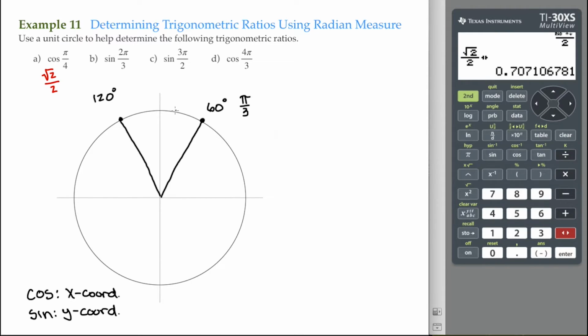Pi over 3, double it, 2 pi over 3. And of course, this makes a special right triangle, a 30, 60, 90 special right triangle. This is sine, so we're concerned with the vertical value, the y-coordinate. And remembering our special right triangles, this is the square root of 3 over 2.